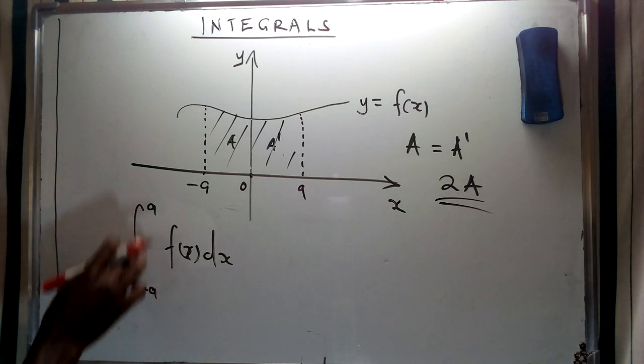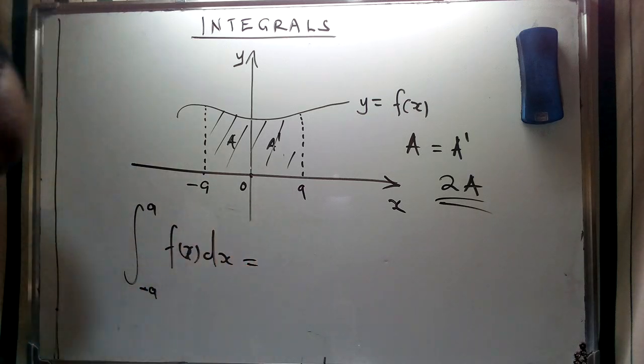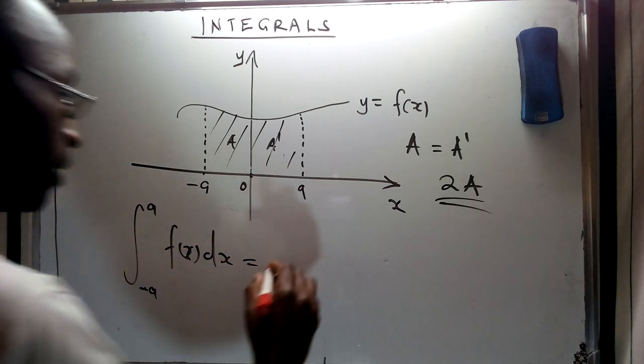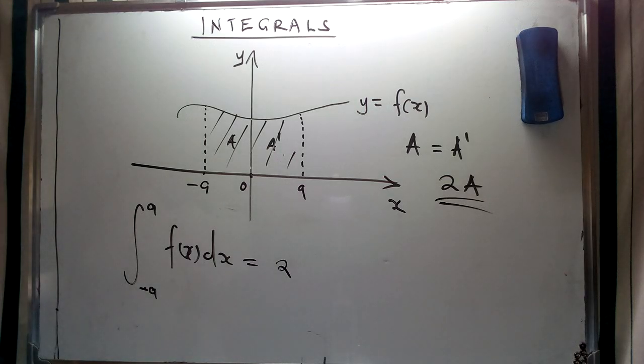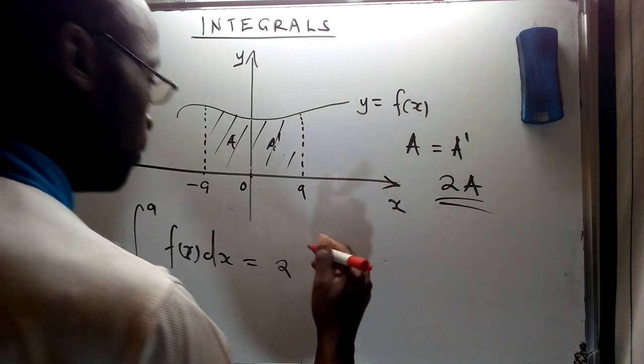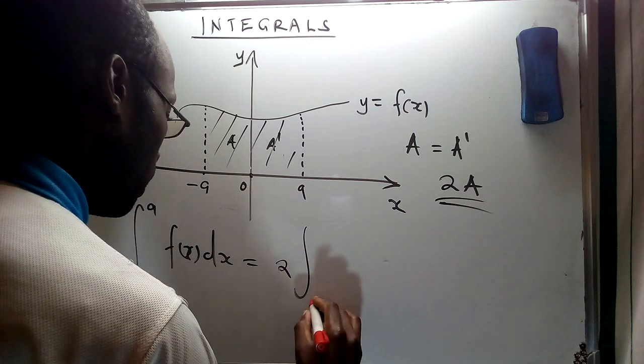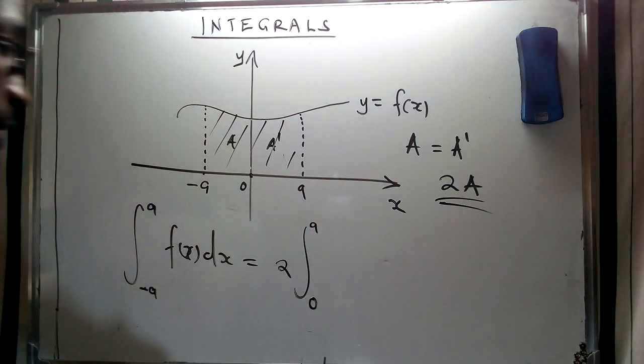From this analogy, given the integral between the lower limit of negative a and a, we can write this integral, using the rule for constant multiples, with the 2 taken out and the integral from 0 to a.